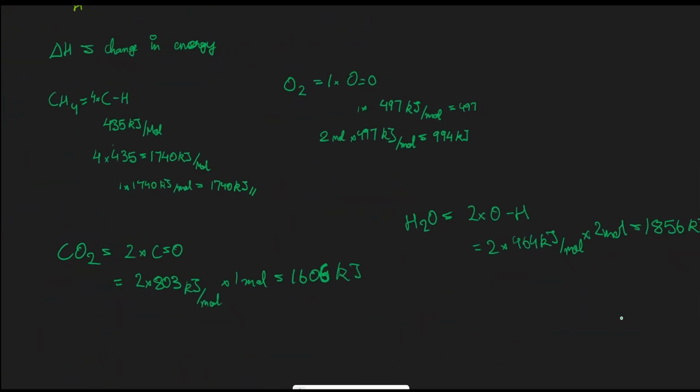Now that we have all of our individual compounds' bond energies, we're going to have to add them up. So the formula for an enthalpy change is the bond energy of the reactants minus the bond energy of the products. And it always remains the same no matter how big the products are, how big the reactants are, right? So our reactants in this reaction are methane and oxygen. That's 1740 plus 994.